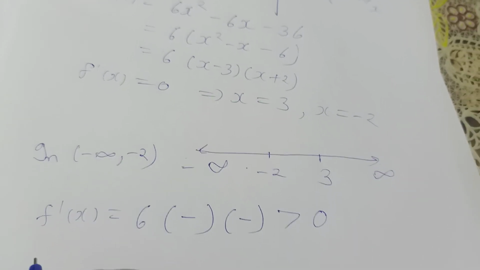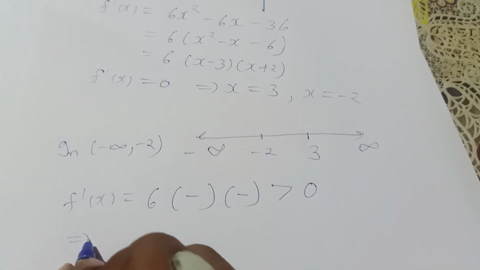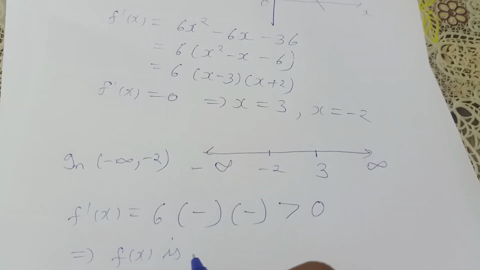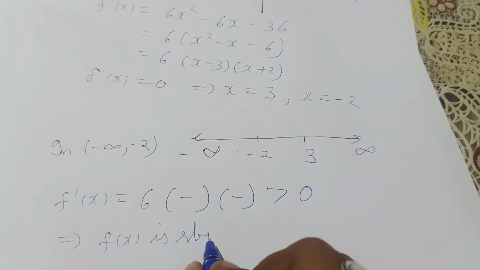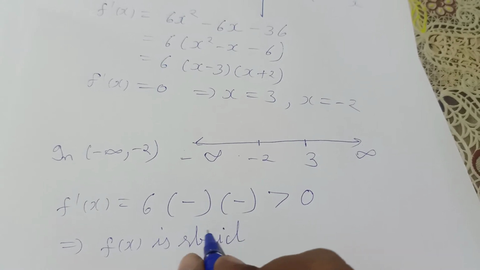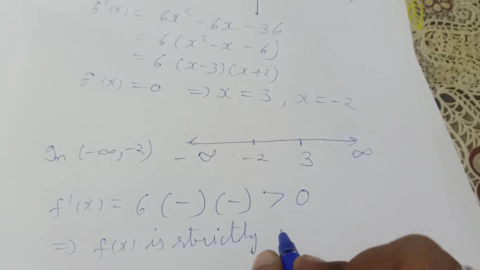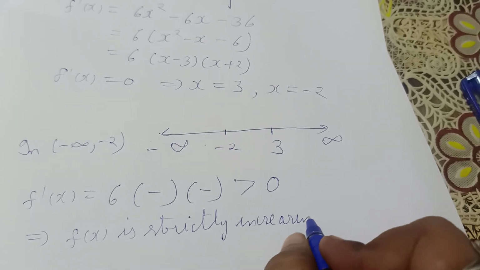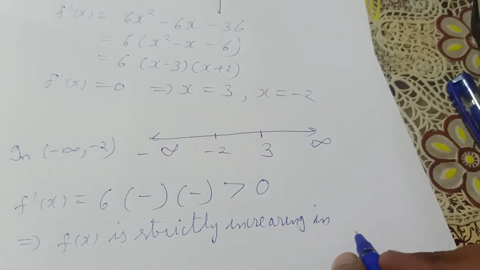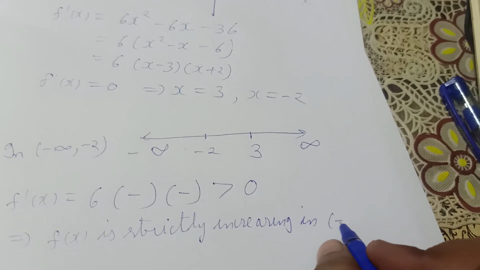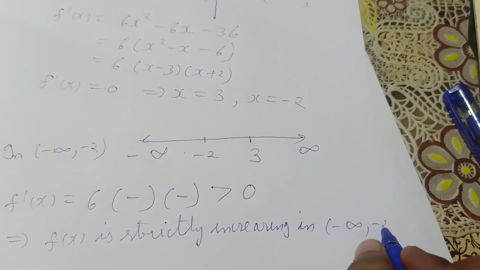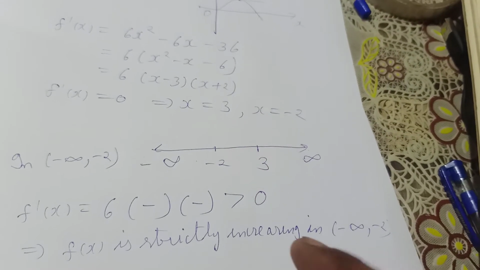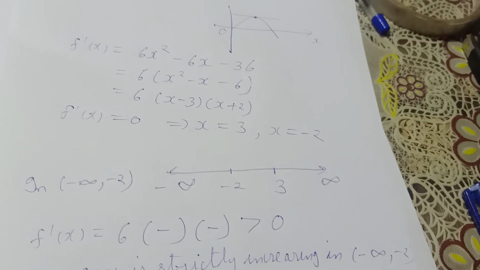So this implies f(x) is strictly increasing in the interval minus infinity to minus 2. Okay, now we take the next interval, that is minus 2 comma 3.